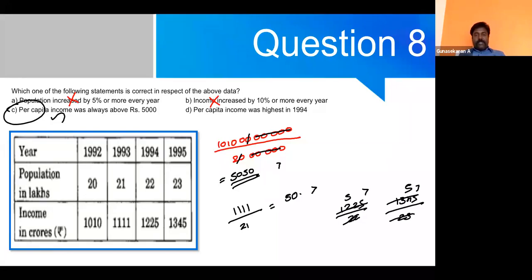It's always more than 5,000. Per capita income is more in 1995, not in 1994. That may be the answer. So we have to be careful in approaching the question.